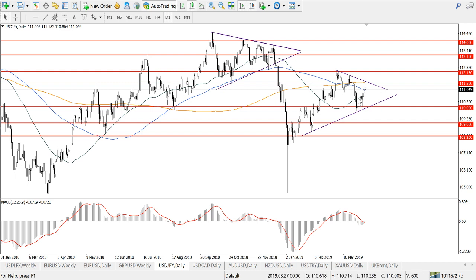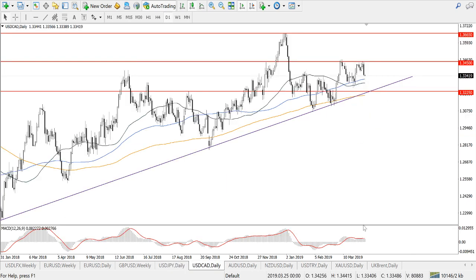However, it doesn't seem that there is a lot of momentum, and much will depend on the quality of the US economic data this week. If it is good, we will test these levels.